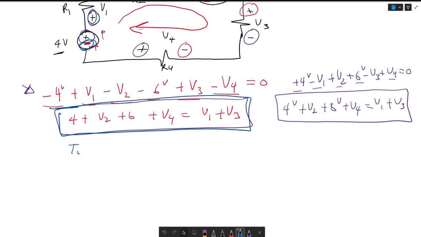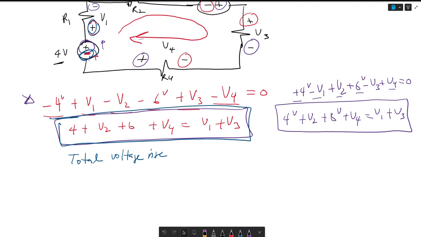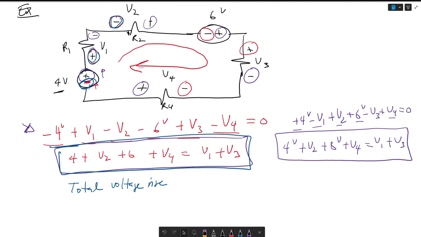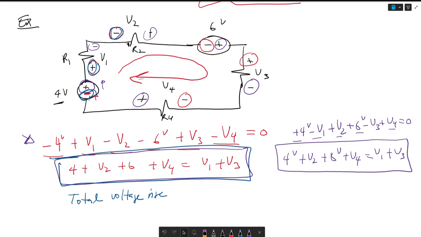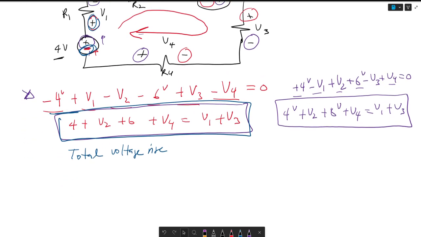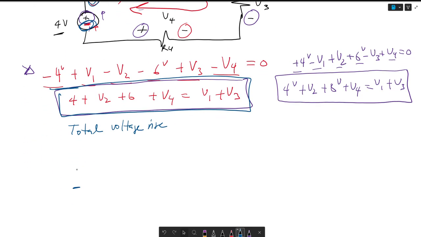And essentially this means that the total voltage rise, because in this situation, if I go from a minus to a plus, if my current is going from a minus to a plus, I'm rising in voltage.